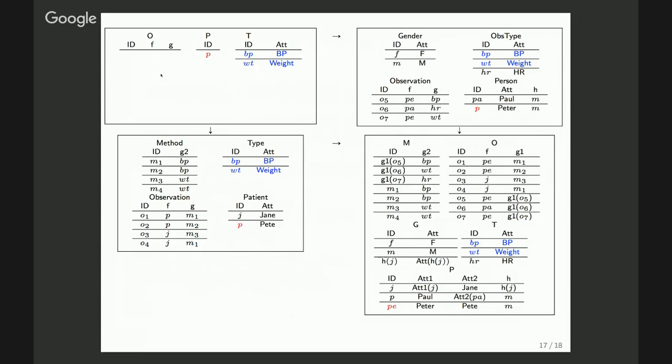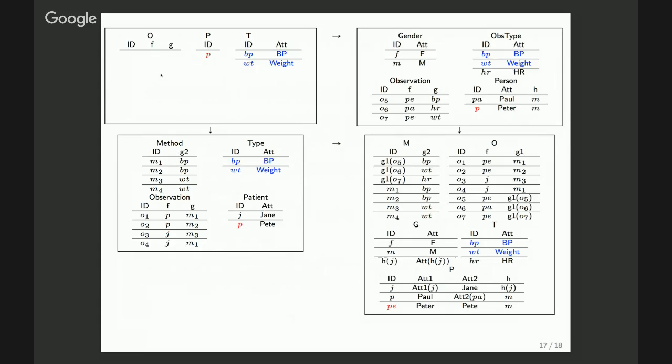So here, for purposes of exposition, we have chosen to have no observations in common between the 2 instances. We've chosen to have 1 patient in common, so that's indicated by P, the ID P. It's red, and you'll see that in the lower left it corresponds to Pete. You can see that in the patient table.